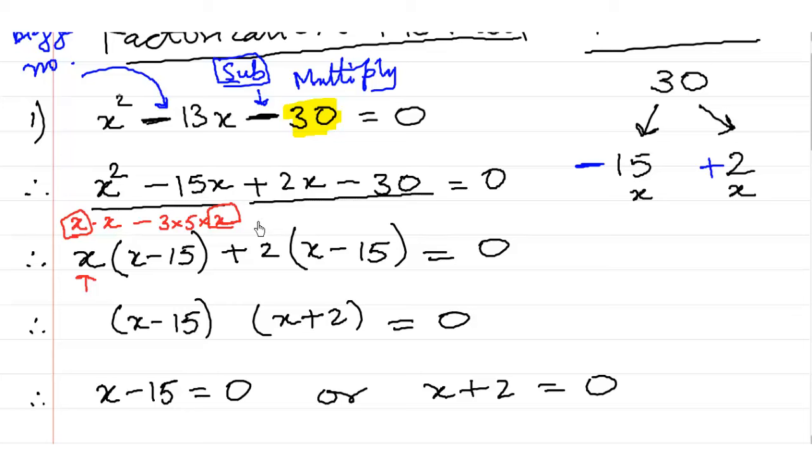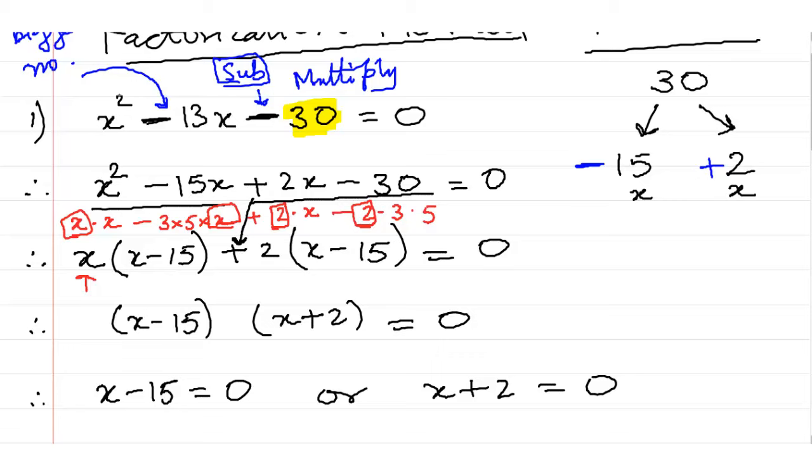Similarly over here, plus 2x could be written as 2 into x, and 30 could be written as 2 into 3 into 5. 2 3s are 6, 6 5s is 30. So you can see that 2 is common, and what remains inside is x minus 15. Always remember that this plus sign will always come down.